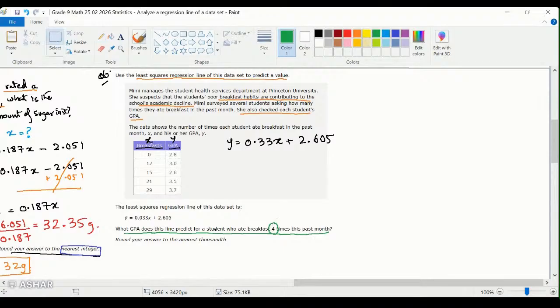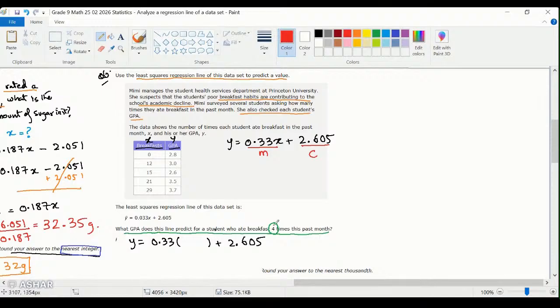And we need to round off our answer to the nearest 1,000. That means third decimal place. If the equation given was, we know that the slope is this and the intercept is this. So we can say for the given equation, 0.33x plus 2.605, right?